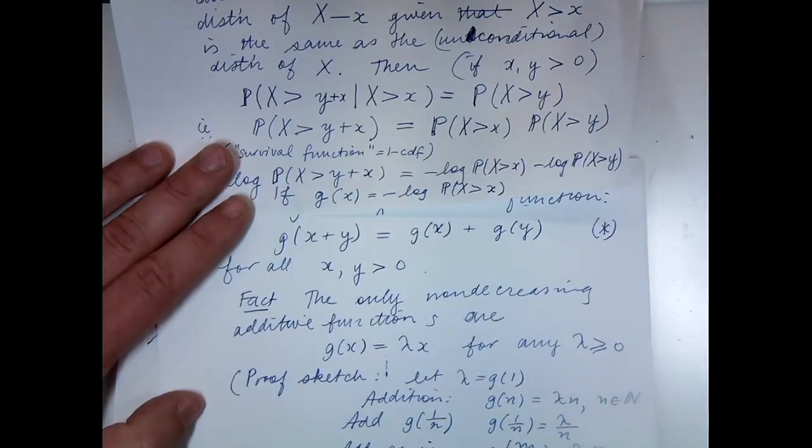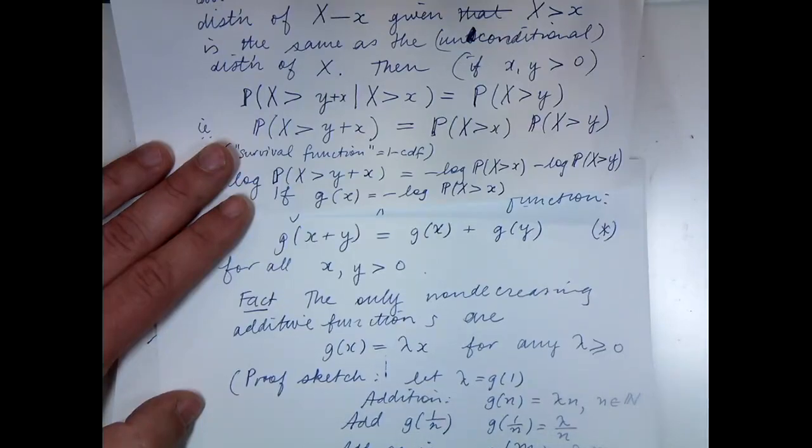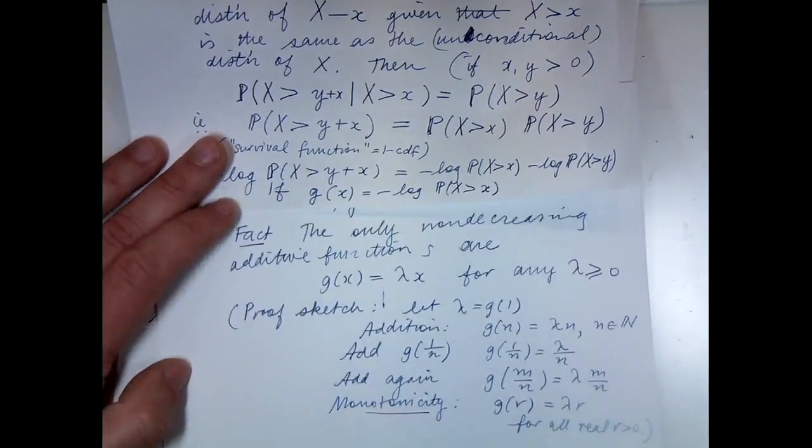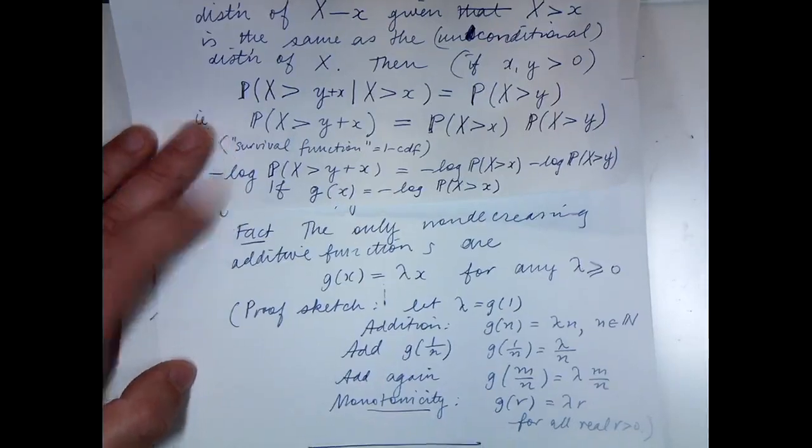And then monotonicity, which is a fancy word for increasing or decreasing, says that g of r equals lambda r for all real r. So monotonicity is what goes from rationals to reals. Otherwise, you could theoretically have different values on different cosets of the rationals, which is silly. So anyway, the fact is done.